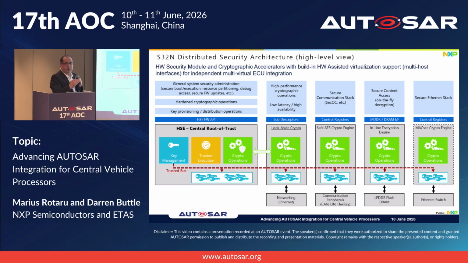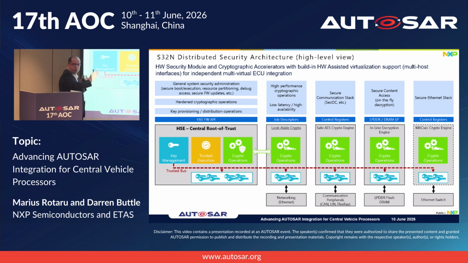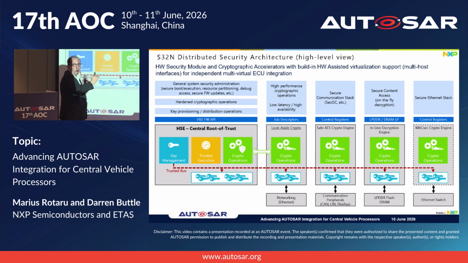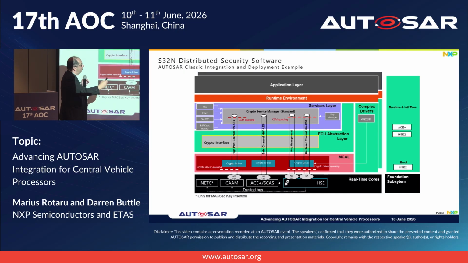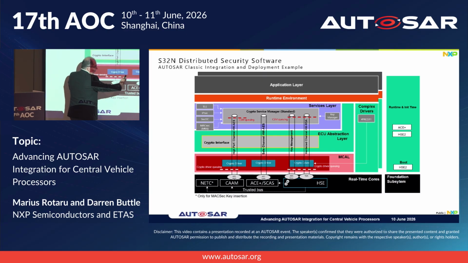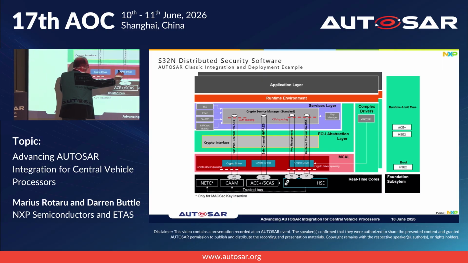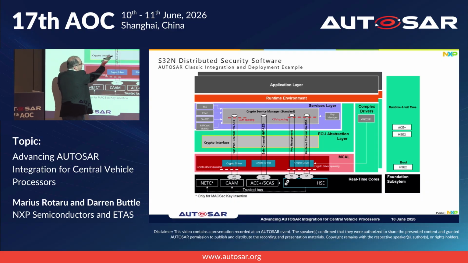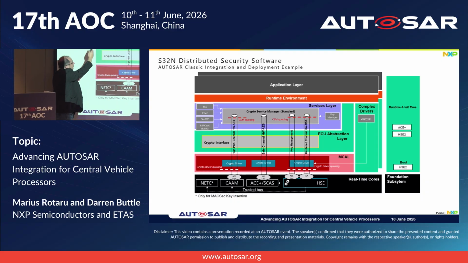Security on the end node is also distributed. We have the hardware security engine, which provides the root of trust, but we have multiple accelerators, which can be used for different purposes. When we integrate these accelerators with the help of AUTOSAR, for each hardware accelerator we provide the cryptographic drivers, which are integrated immediately by the software stack to implement various types of protocol.